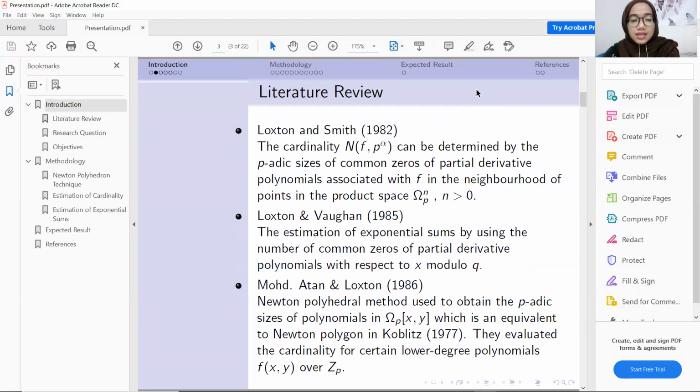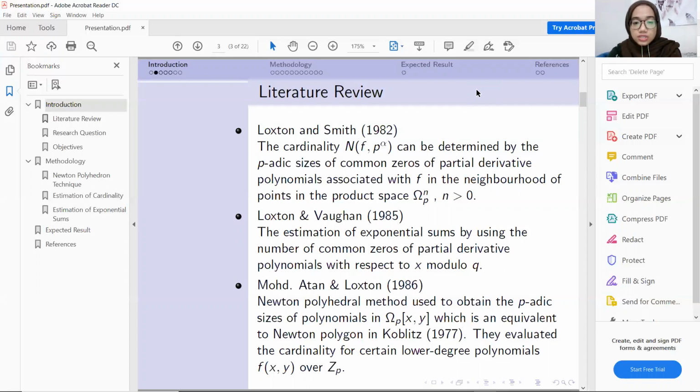Okay, next. This is the literature review. First is Loxton and Smith, 1982. According to Loxton and Smith, 1982, the cardinality can be determined by the p-adic size of common zeros of partial derivative polynomials associated with f in the neighborhood of points in the product space Omega p n, when n is greater than 0.